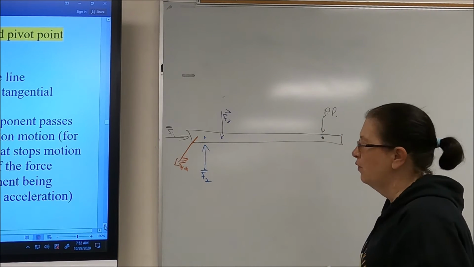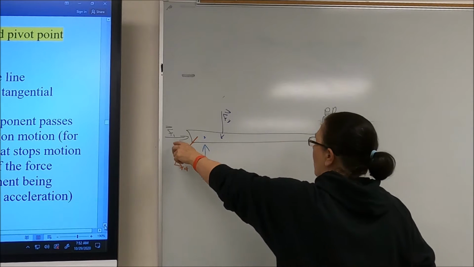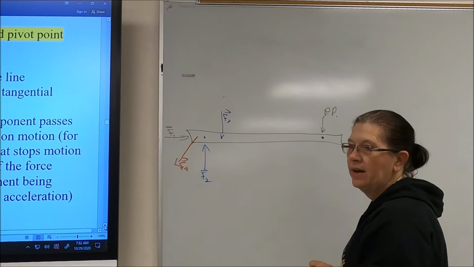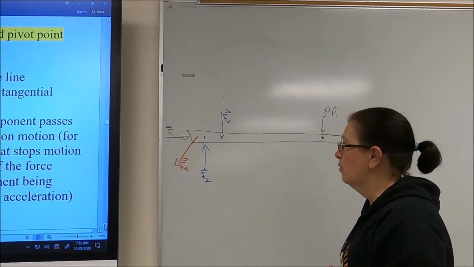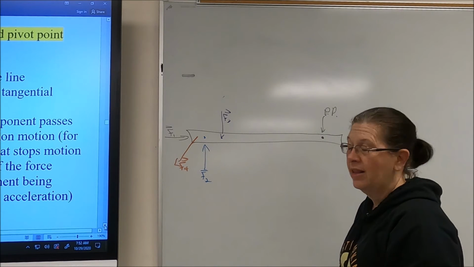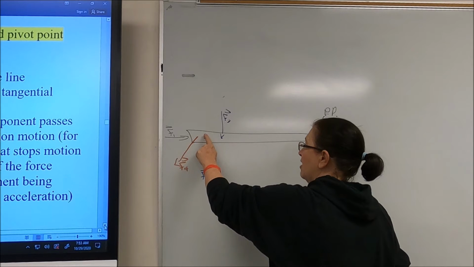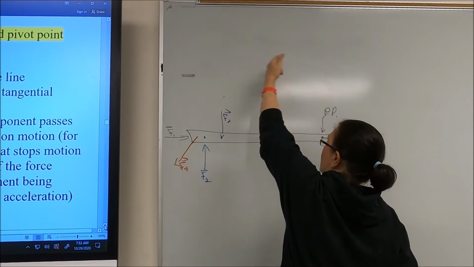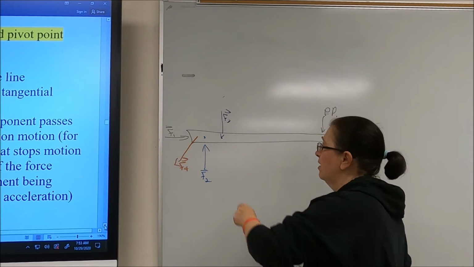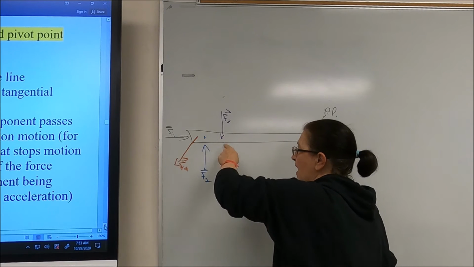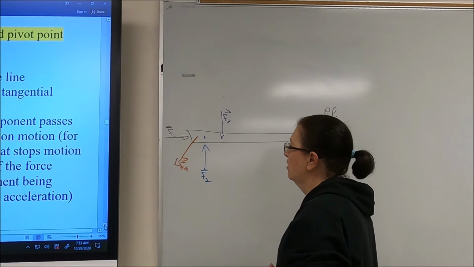Now, if all four of these forces are the same magnitude, we've already established that force 1 isn't going to do anything when it comes to rotational motion because it's pointed at the pivot point. Force 2 is going to want to try to rotate it clockwise. This one's going to rotate it counterclockwise.